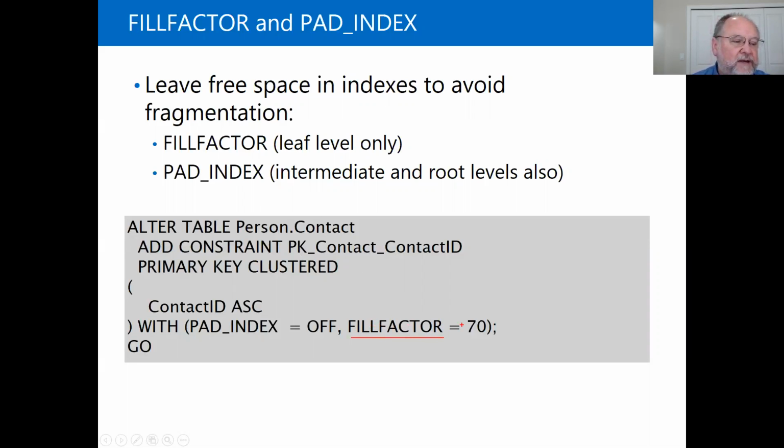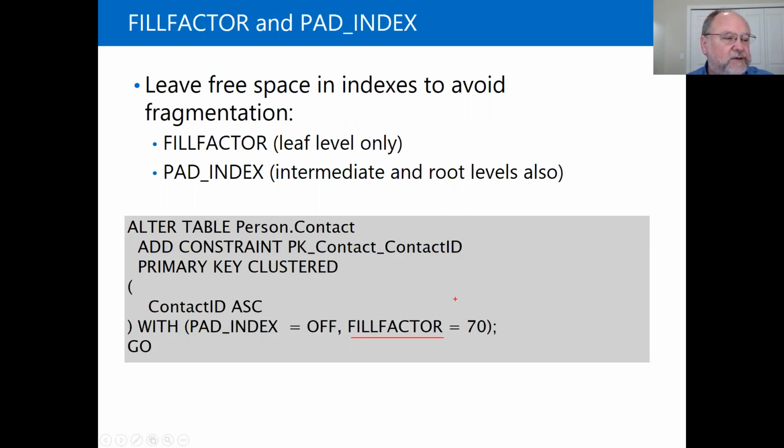So fill factor equals 70 means each of the pages will be 70% full, 30% empty. And now there's room. If I need to insert a record, I probably don't have to do a page split. Maybe you have to rearrange some things on the same page, but that's not much effort.